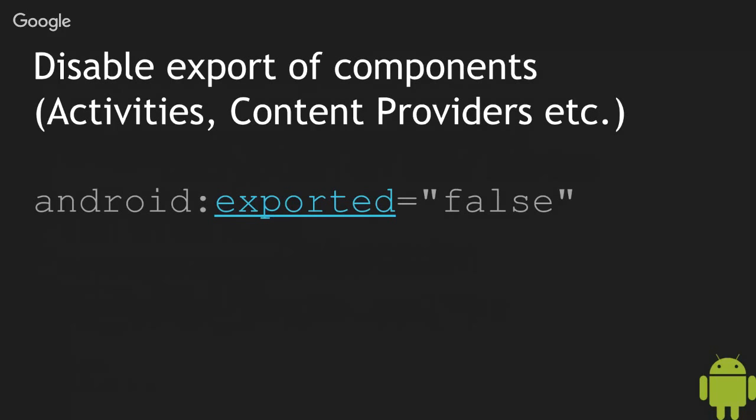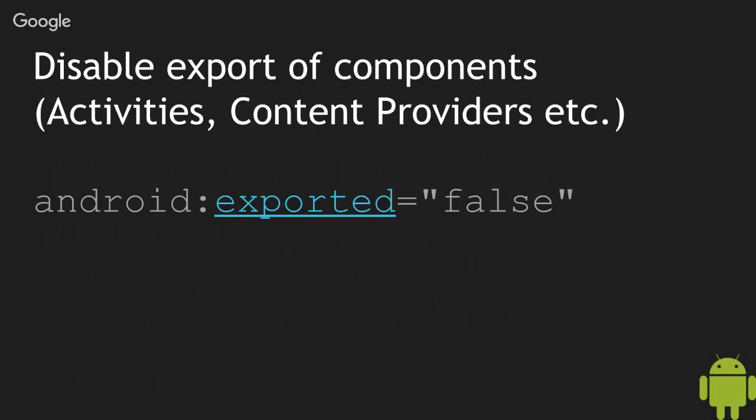Then, pretty basic topic: when you have an activity, content provider, broadcast receiver, you should make it exported false. By that it means that it won't be accessed by other applications in the system.